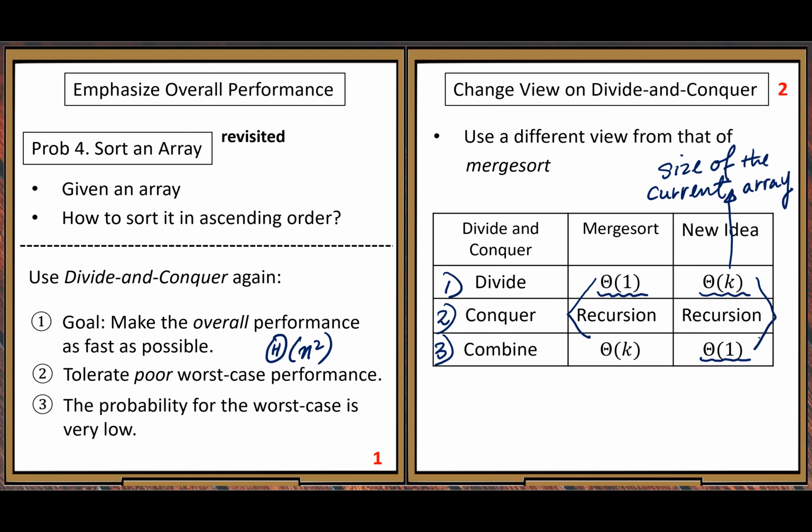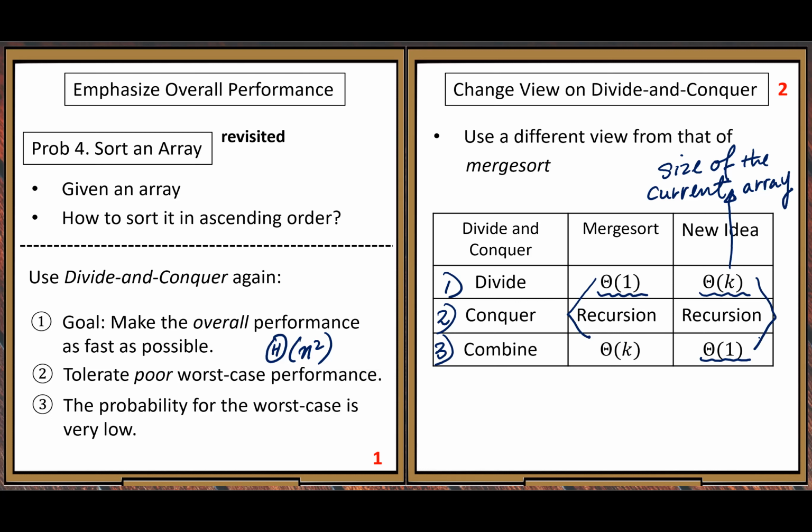You cannot do both steps very fast. That's impossible. If you want to do step one with low cost, then you have to spend more cost in step 3.